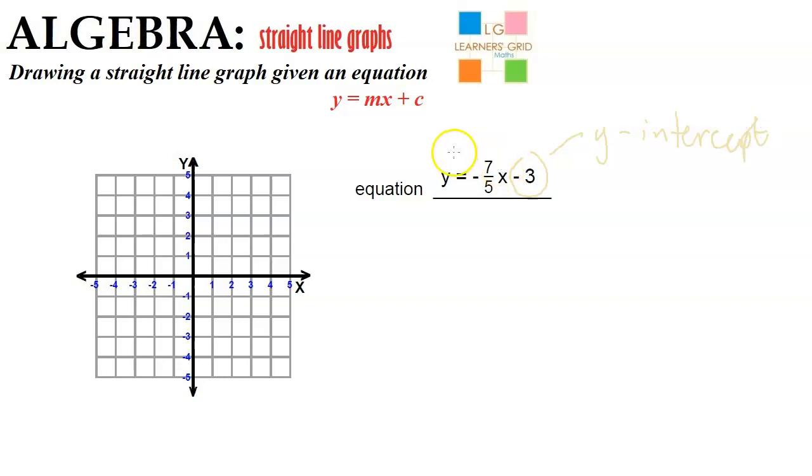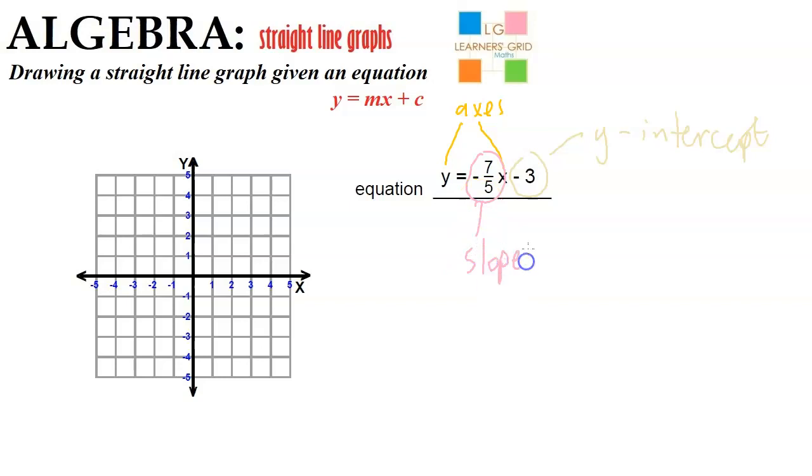Over here we have x and y, so x and y are points on the axes. And the other term that we have is minus 7 over 5, and that will be our slope.